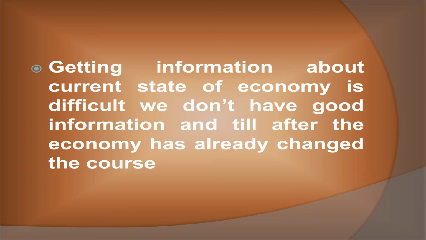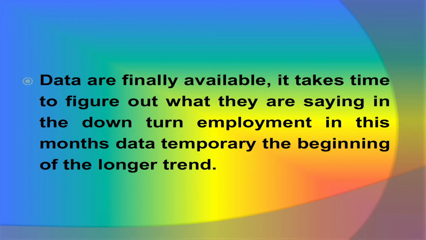Getting information about the current state of the economy is difficult. We do not have good information until months after the economy has already changed course. So, even once the data are finally available, it takes time to figure out what they are saying. Is the downturn in employment in this month's data temporary or the beginning of a longer trend?